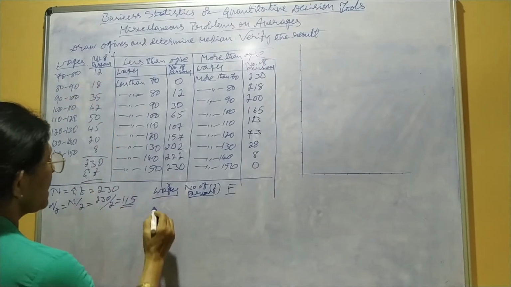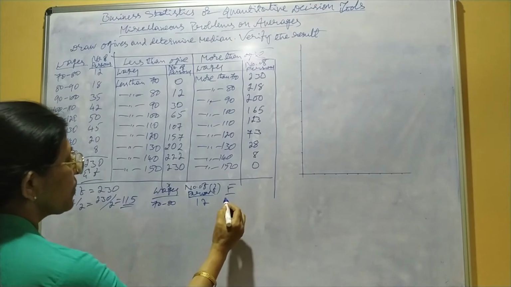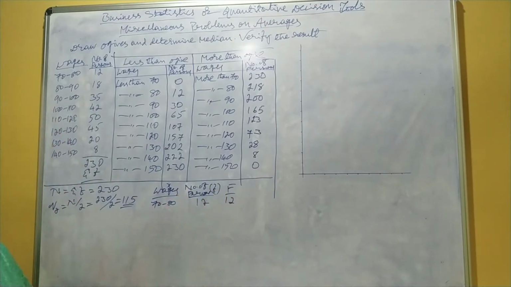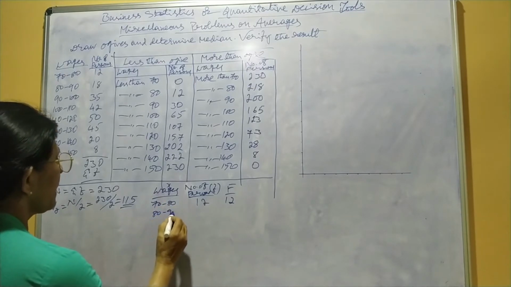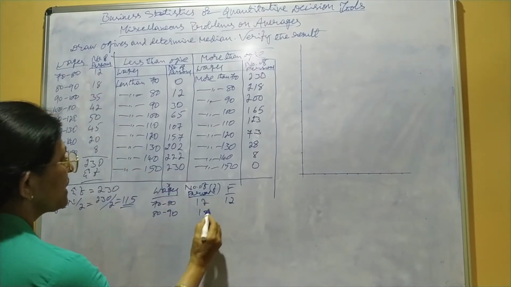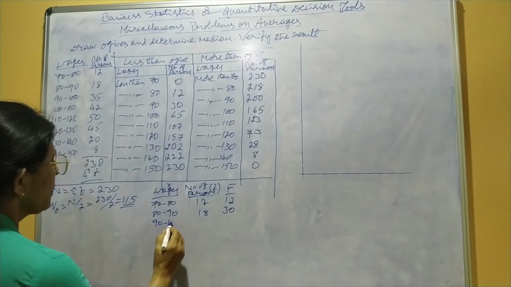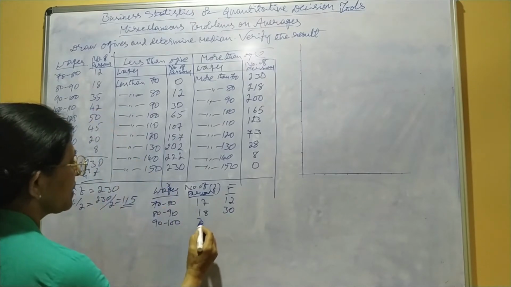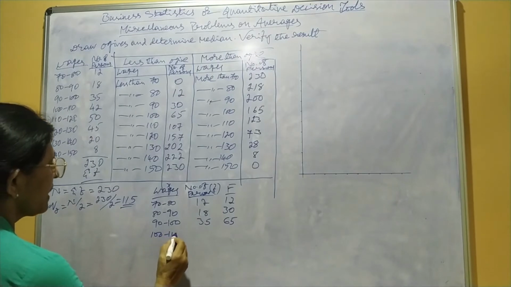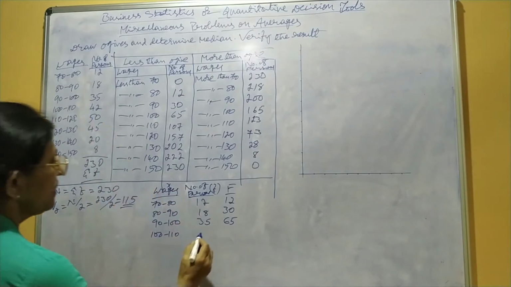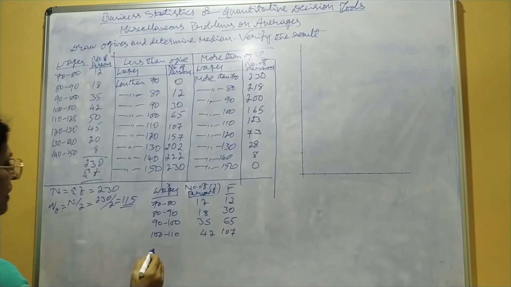Now take the classes 70 to 80, frequency 12, cumulative frequency, first ordinary frequency and cumulative frequency both are one and the same. 80 to 90, frequency 18, cumulative 12 plus 18, 30. 90 to 100, frequency 35 plus 30, 65. 100 to 110, frequency 42 plus 65, 107.